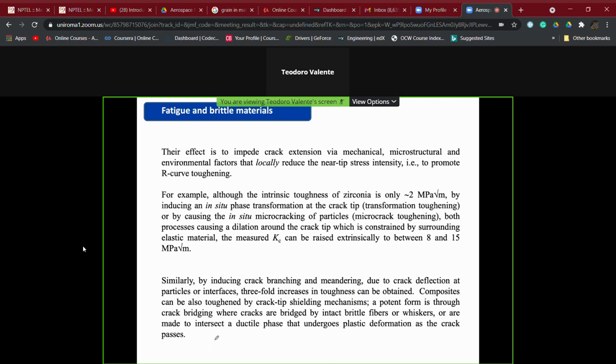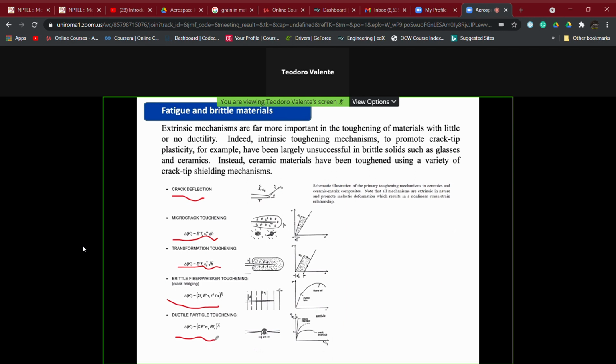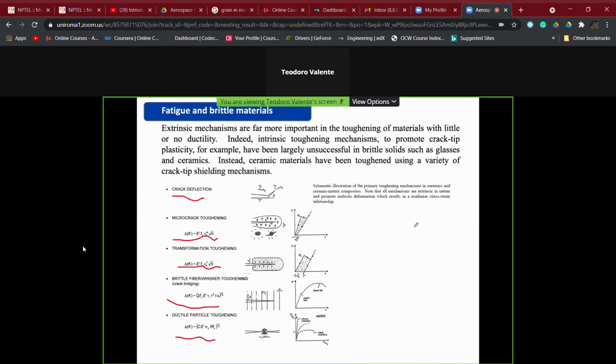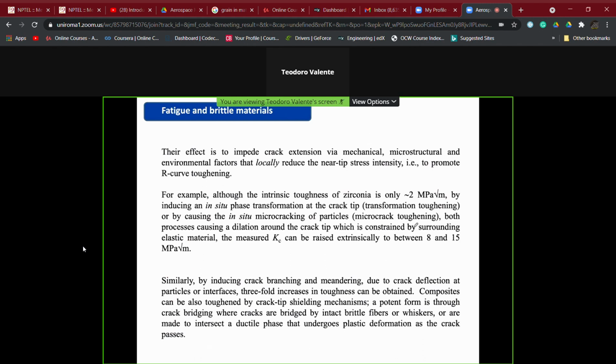That is, to promote R-curve toughening, which means to promote an increase of the value of the resistance, moving towards a situation like the green one here. This is reported here, for example, in the case of zirconia. We have discussed it many times, so I do not want to repeat it again.